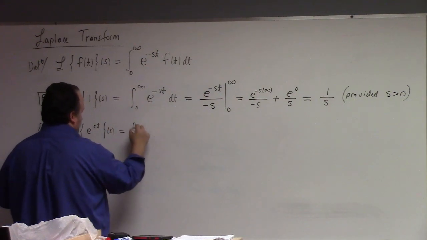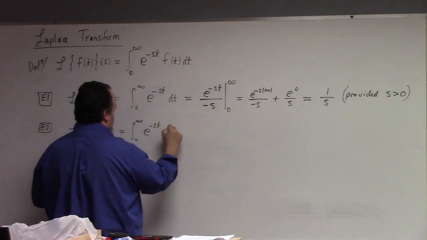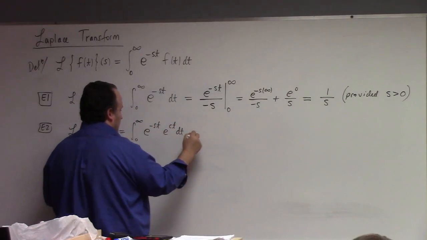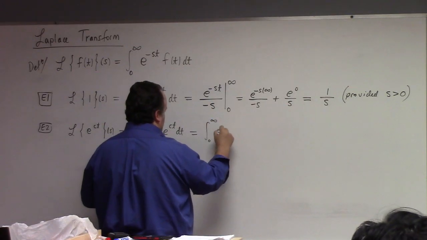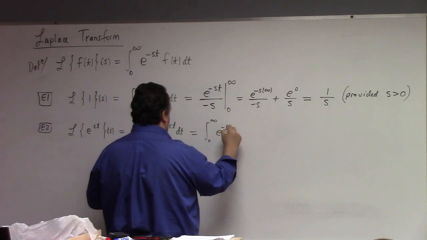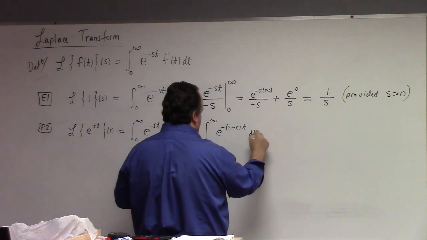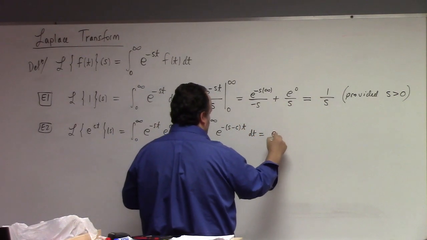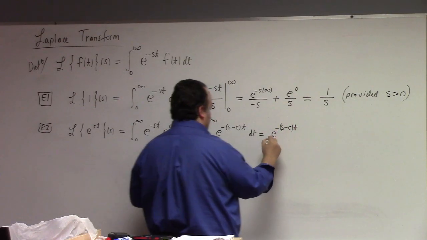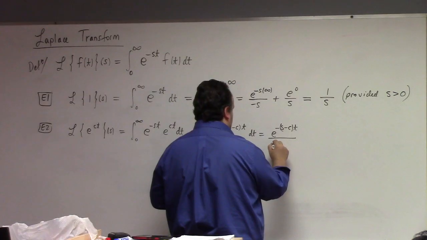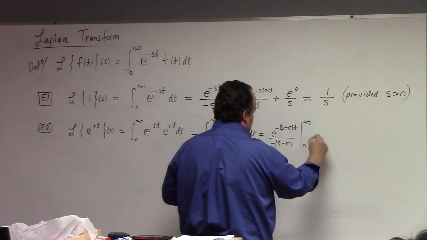So there we got integral from 0 to infinity e to the minus st times e to the ct dt, also known as the integral from 0 to infinity of e to the minus parentheses s minus c times t dt. So we have e to the minus s minus c times t divided by minus parentheses s minus c evaluated from 0 to infinity.